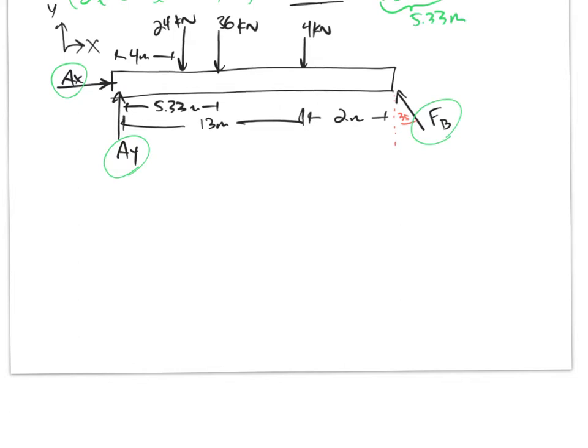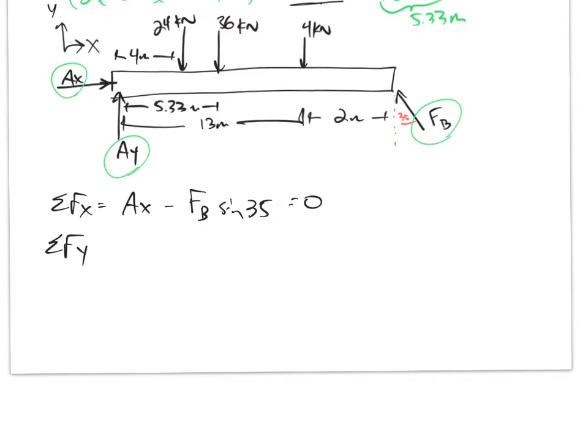And now I can write my equilibrium equations. So summing the forces in x. So what forces are acting in the x direction? AX, and then minus FB sine 35 equals 0.